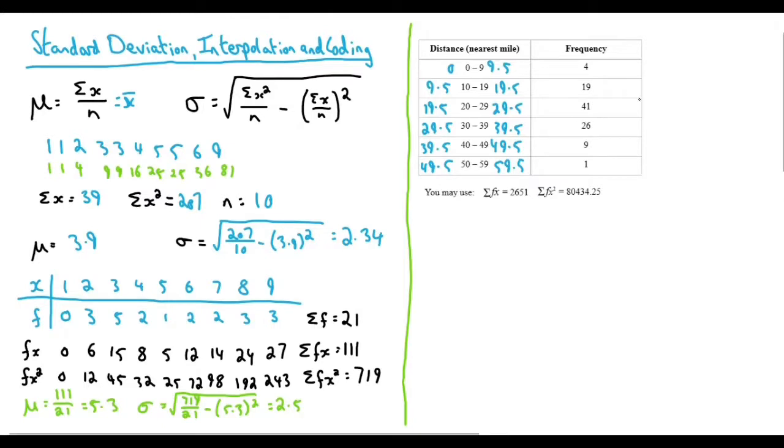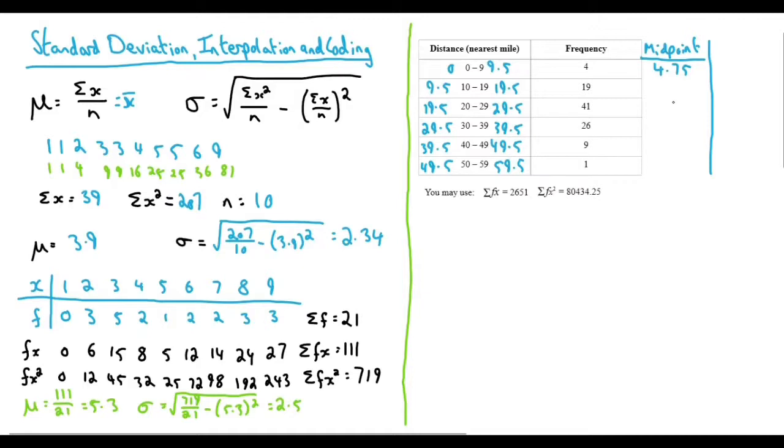So from here, if we were to now try to look for the midpoints, and for this you may just want to draw up another column in your table for yourself. The midpoint between 0 and 9.5, rather than 0 and 9, is going to be 4.75.